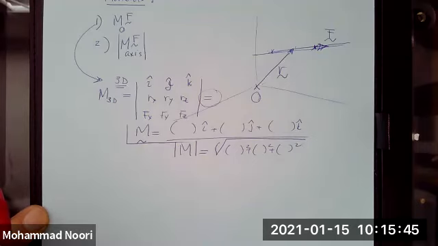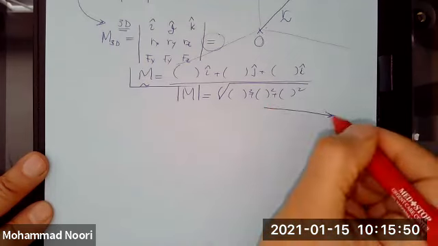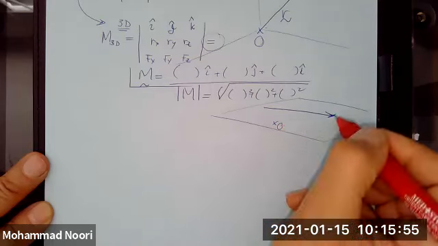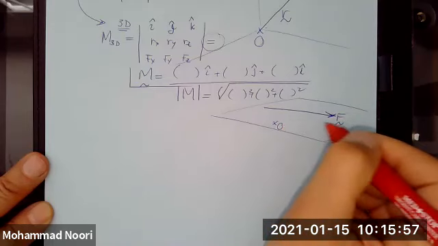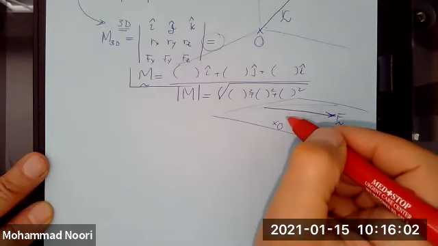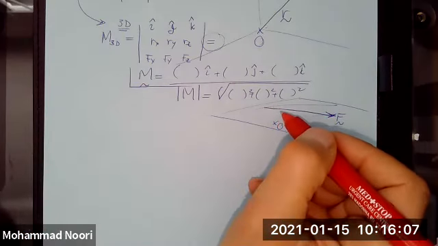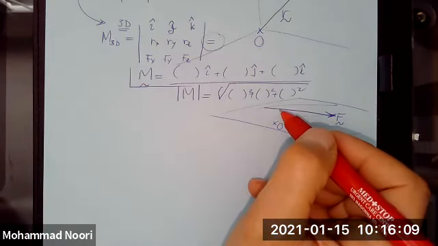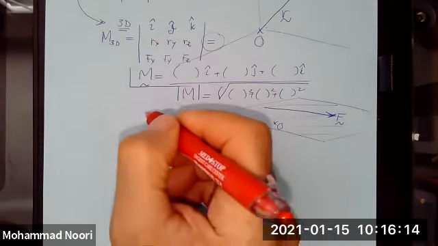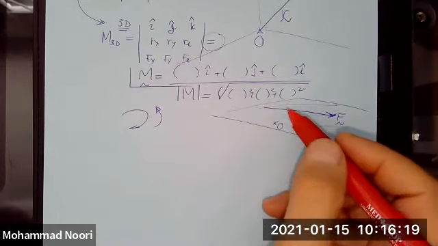So that's in 3D. Now, if you have a 2D problem, that is the force and the point about which you want to find its moment are on the same plane, this becomes a whole lot easier, because as far as the direction that this force rotates the object about point O, it's going to be either clockwise or counterclockwise.